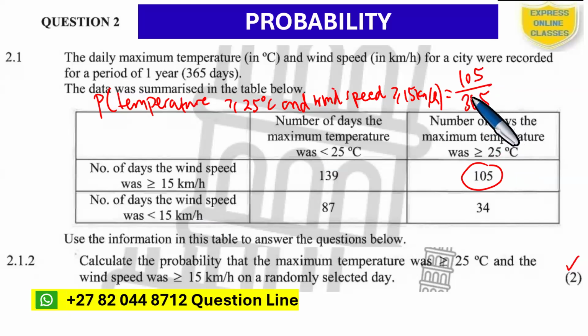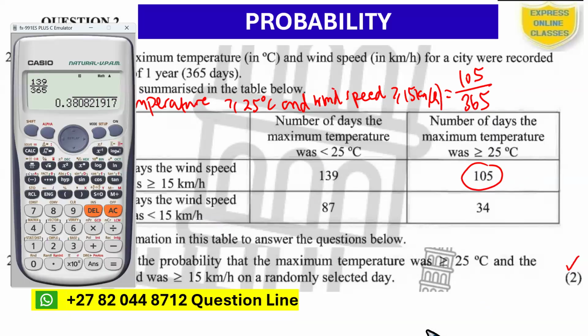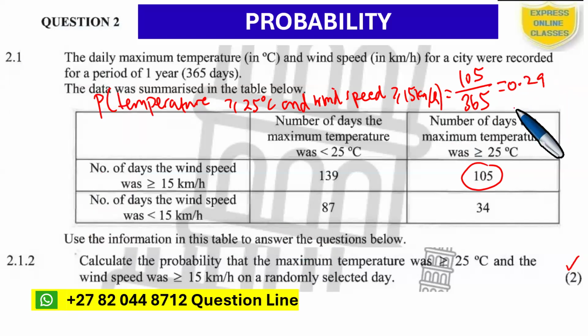When you get the answer, you divide 105 by 365, and it is 0.29, or exactly 28.77%.